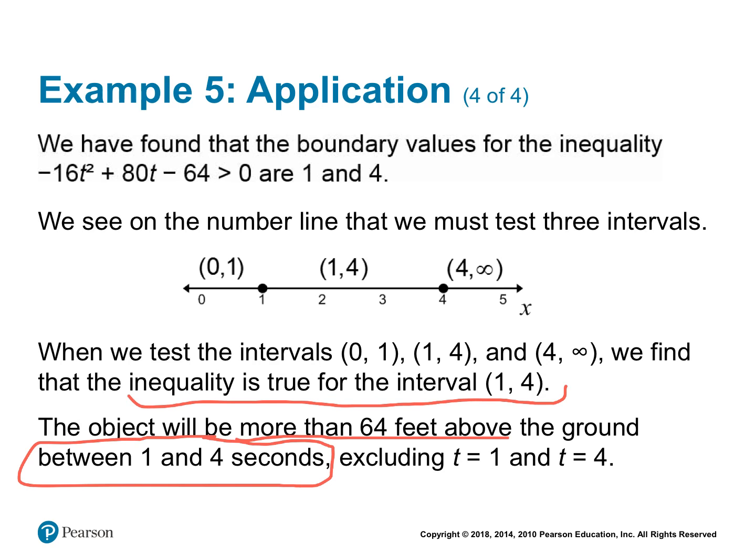But it's not less than or equal to, it has to be when it's more than 64 feet. So you have to exclude the time of 1 and 4 seconds. So you could have 1.2 seconds or 3.9 seconds, but you can't have exactly 1 second or exactly 4 seconds. It's just whatever is in between here and here.